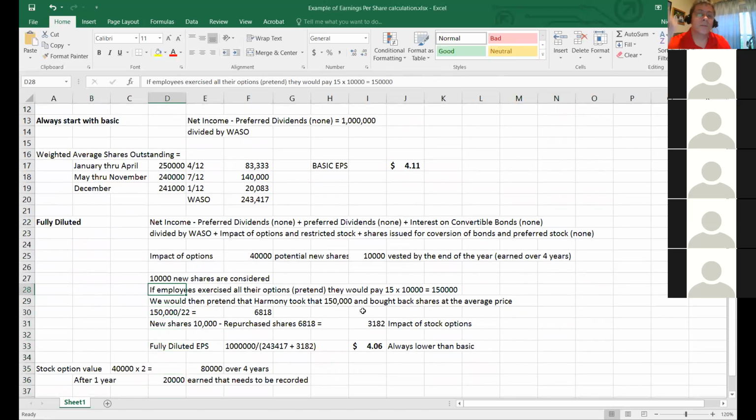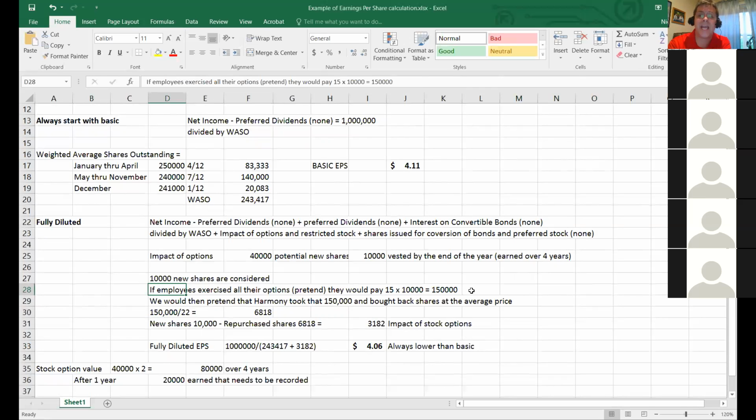Now, we start pretending. We pretend that those 10,000 options, the employees brought in their coupons and they said, I want to buy stock. And this coupon says I can buy it if I pay $15 a share. All right. So they do. They bring in their 10,000 coupons. They all pay $15 each, and they give the company $150,000 in cash.